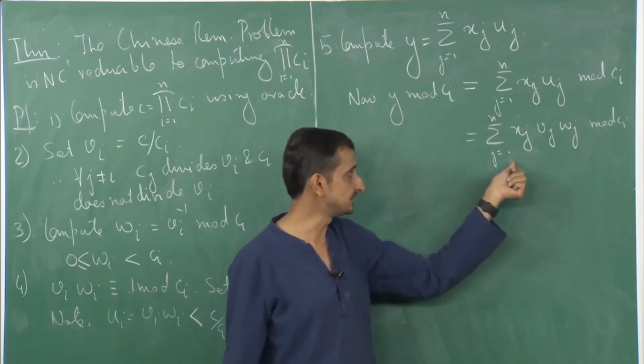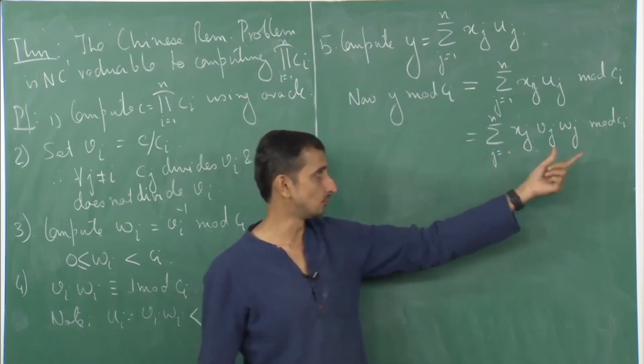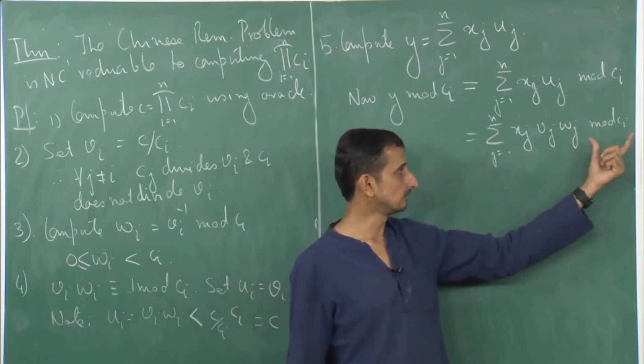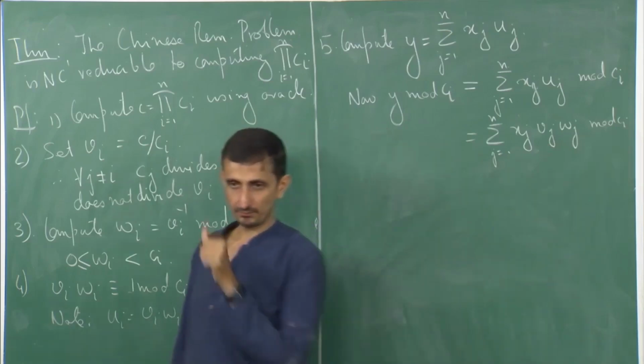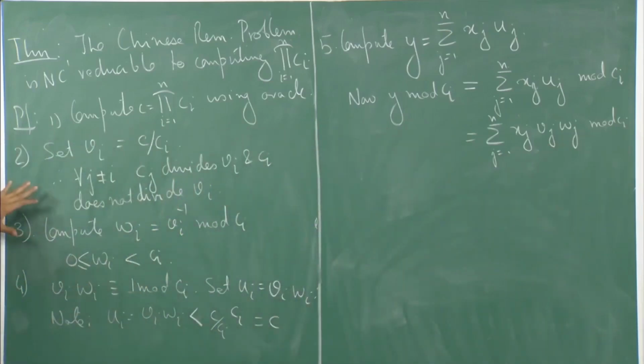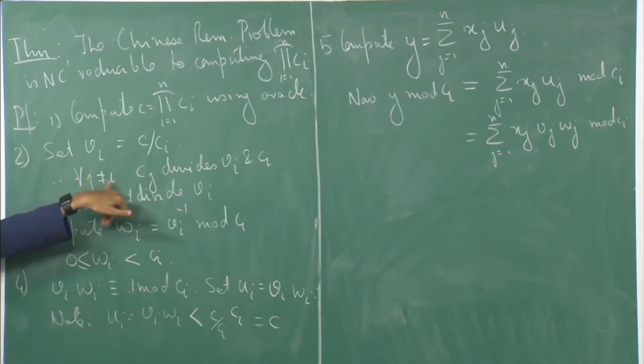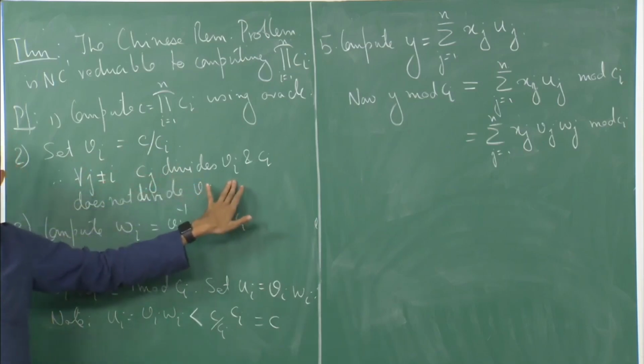So look at all the terms when j equal to 1, j equal to 2 and so on. What happens when I divide it by Ci? Okay. So look at this term Vj. So when j is not equal to i, for every j that is not equal to i, Ci divides Vj.